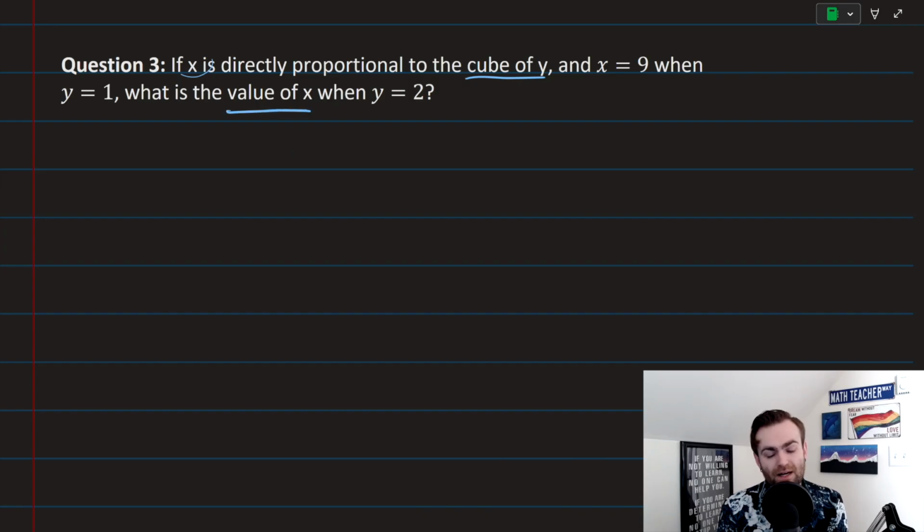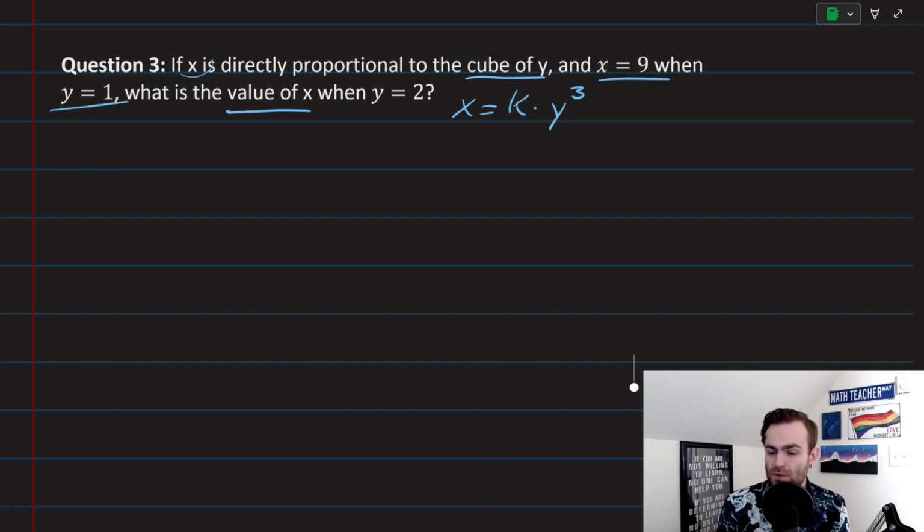Since we're trying to find the value of x, the x we're going to isolate, so x is equal to k times, instead of y, y cubed. So, not too bad. Same idea though. They give us some initial value to start to look for k, and then once we have that k, we can plug in the 2 for y and we'll get our x.